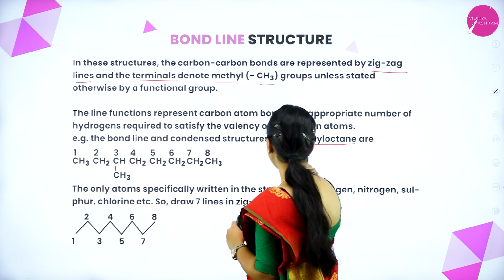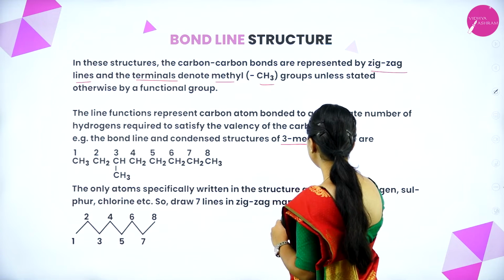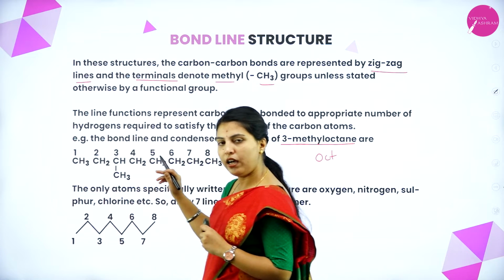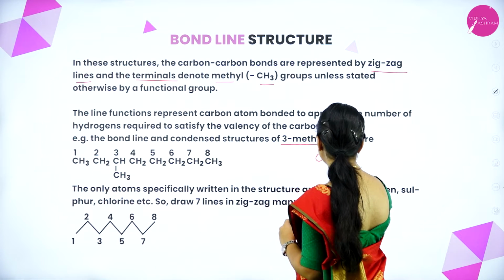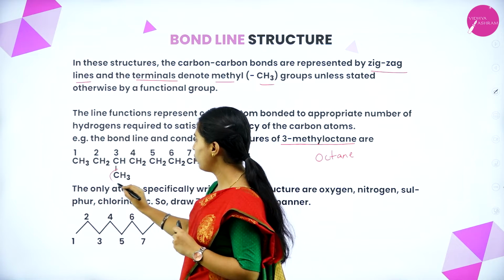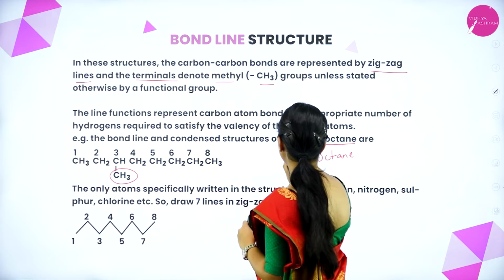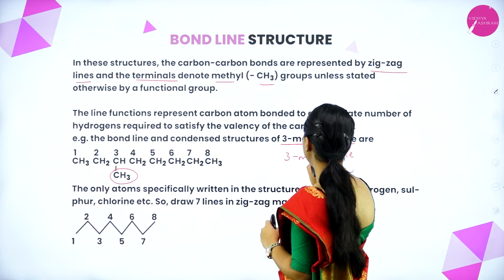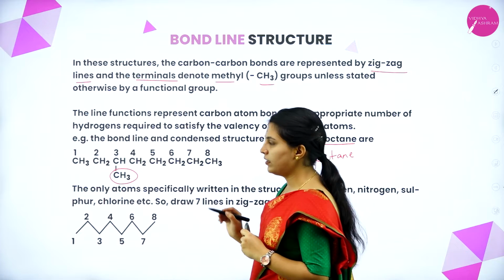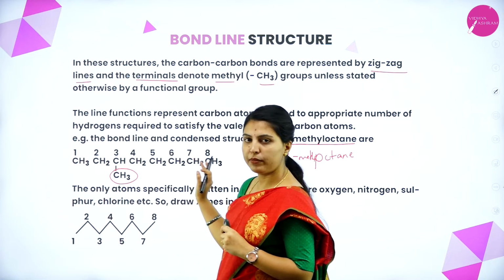8. If it is 8, it is oct, right? And all are single bonds, that's why ane. In the third position, a methyl group is attached, that's why 3-methyl, right? This is the normal form.